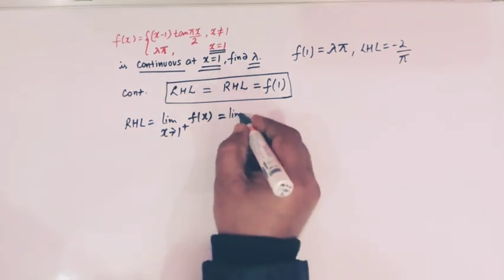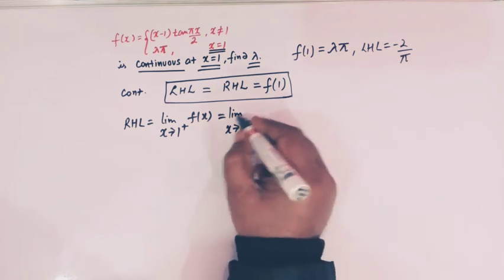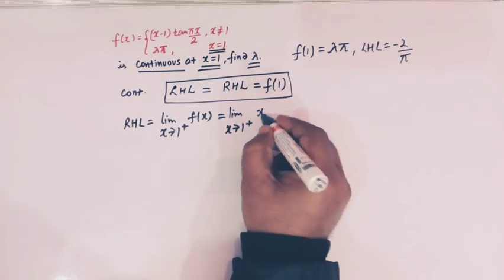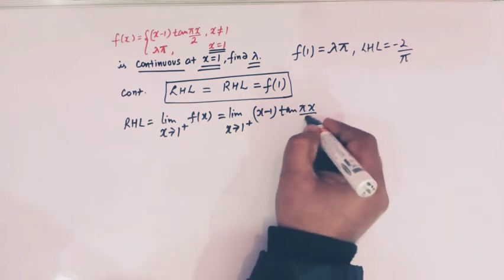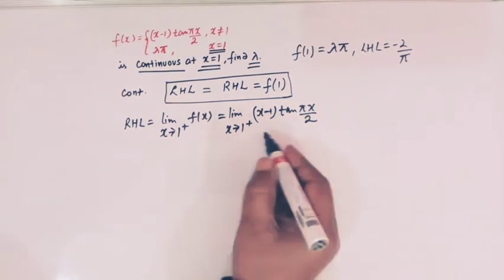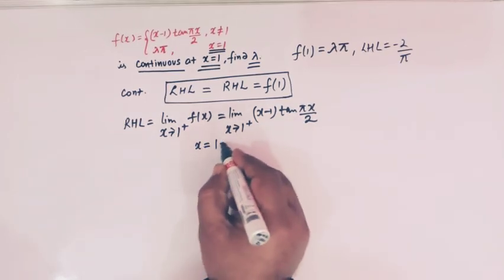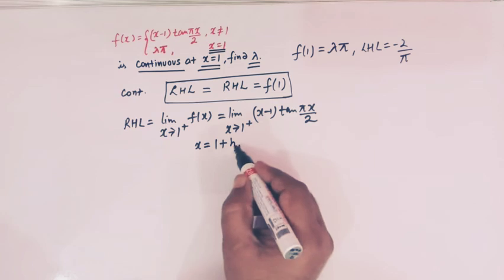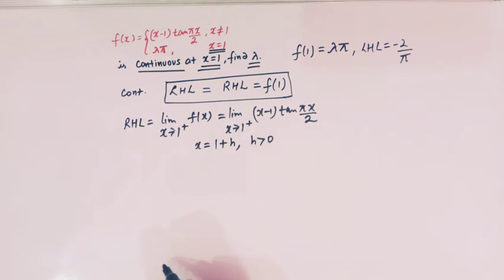So we have limit x tends to 1 plus, and for f(x) we have (x minus 1) tan(pi x over 2), right? Now we'll substitute x is equal to 1 plus h, where h is a very small quantity, but h is greater than 0, right?